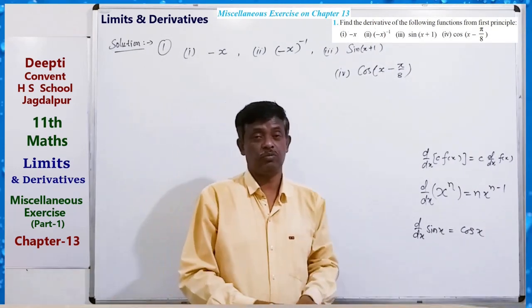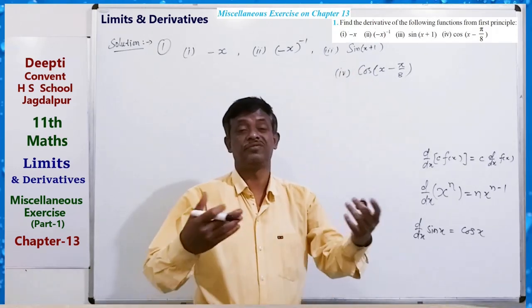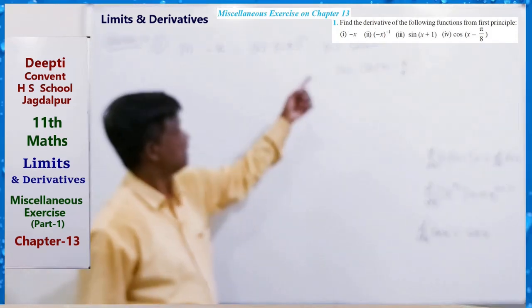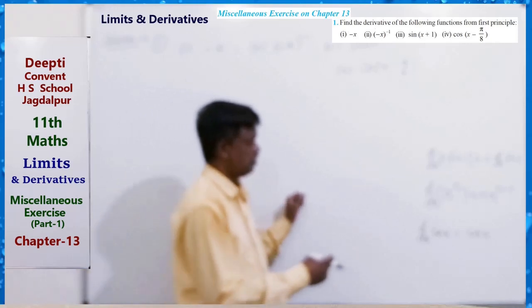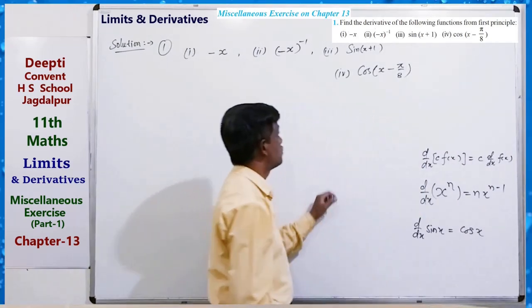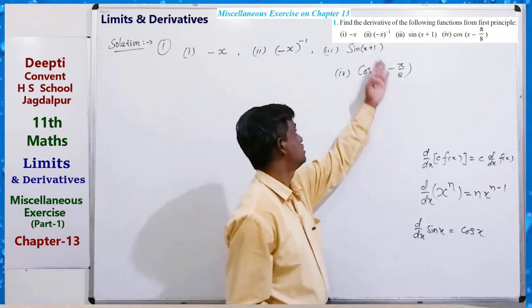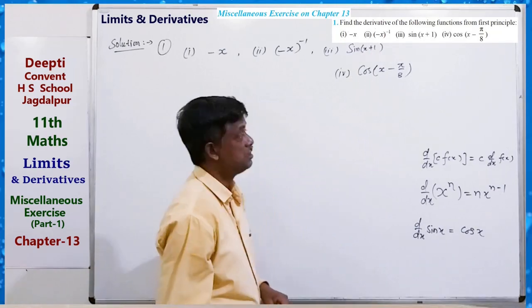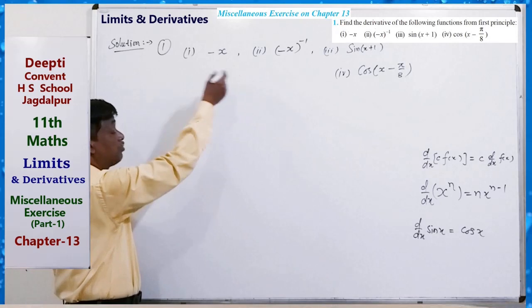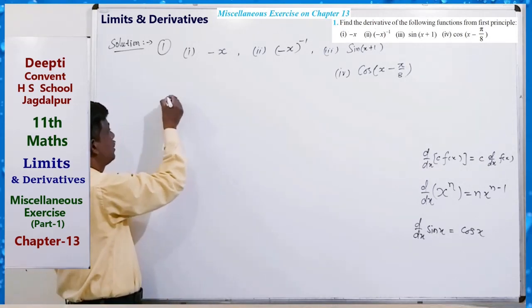Whenever a new type of function comes for finding derivatives, just use the first principle method. Different types of formulas are there. For cos x minus pi by 8, this is also constant, and 1 plus 1 is also constant. So finding derivatives from the first principle method.